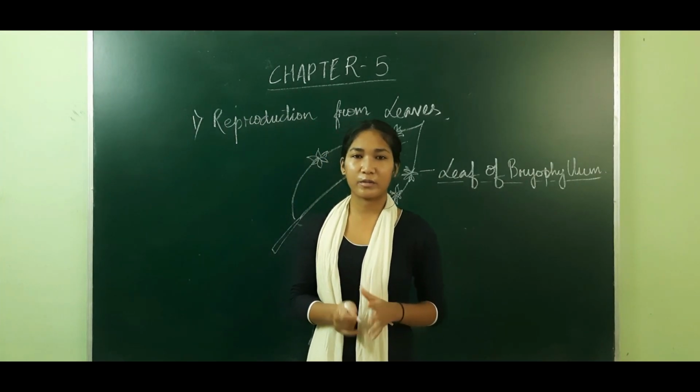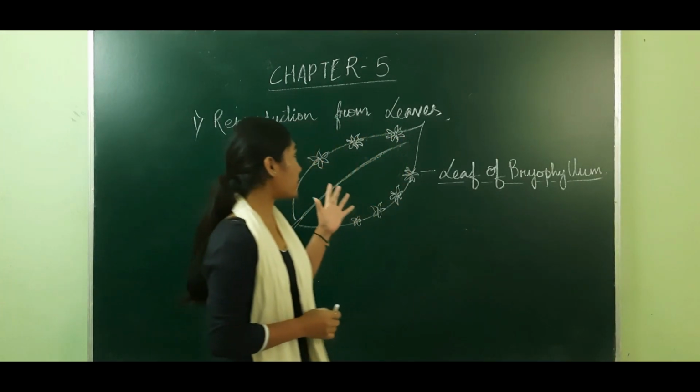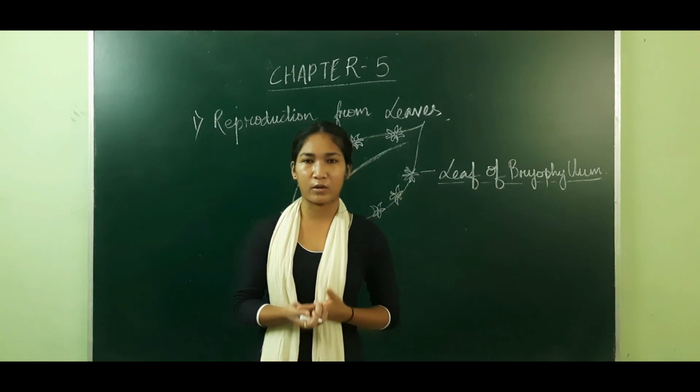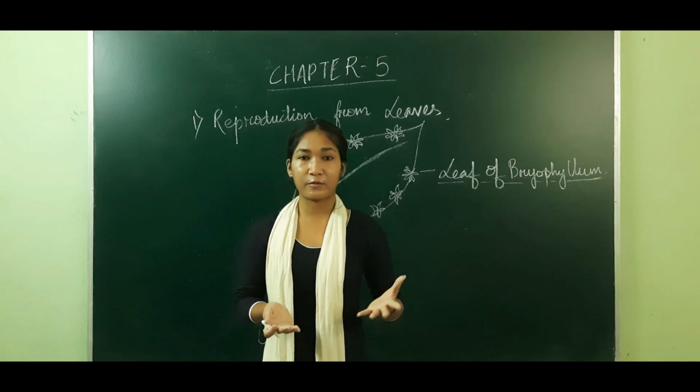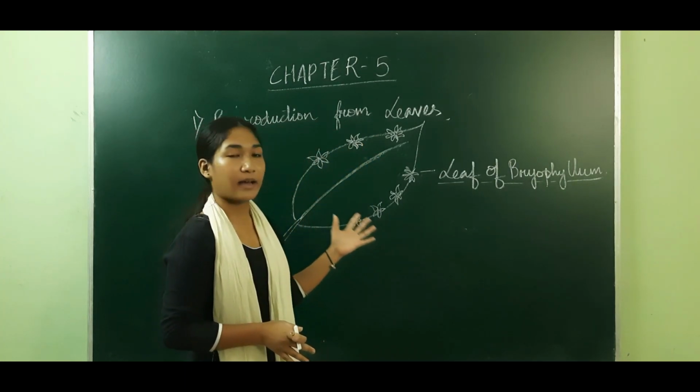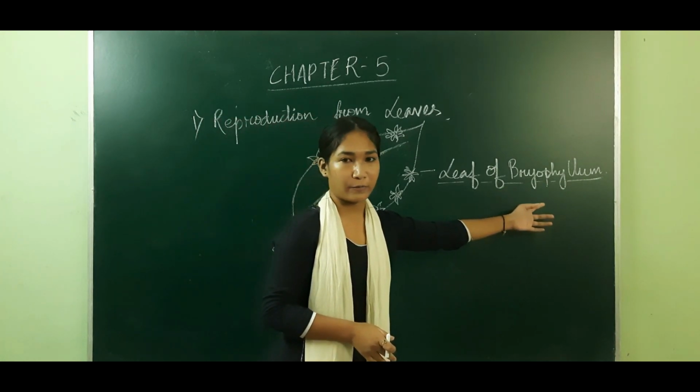The next way of reproduction in plants is reproduction from leaf. This is a very rare case. You might not have seen reproduction from a leaf, but let's take the example of the leaf of bryophyllum.